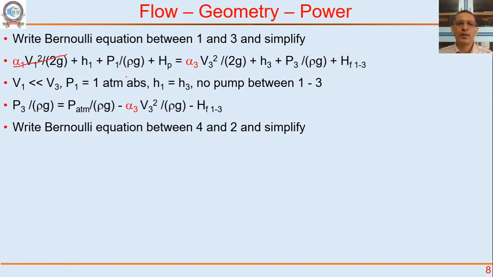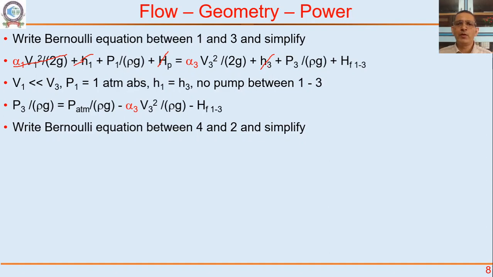Pressure P1 is 1 atmosphere absolute. H1 and H3 are almost the same, in this particular case approximately the same, so we are going to cancel them out. There is no pump between 1 and 3, so HP is 0.